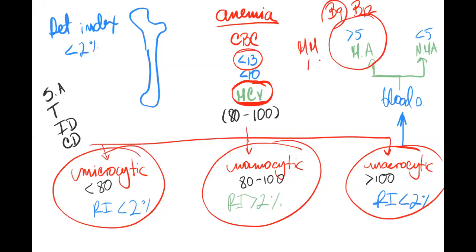The anemias classified as macrocytic but non-megaloblastic are cirrhosis, liver issues, alcohol consumption, and some metabolic conditions.